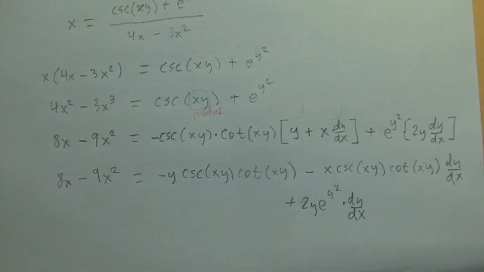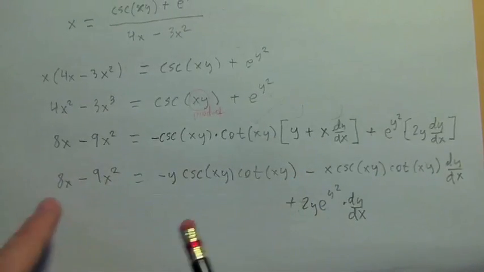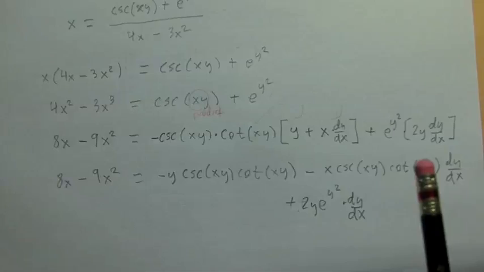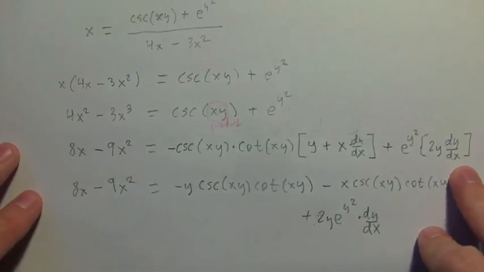Okay, so I'm going to move all my dy dx's to one side. Luckily they already are. And I'm going to move the other thing over to the other side. And while I do that, I'm going to go ahead and factor and move in this same step.